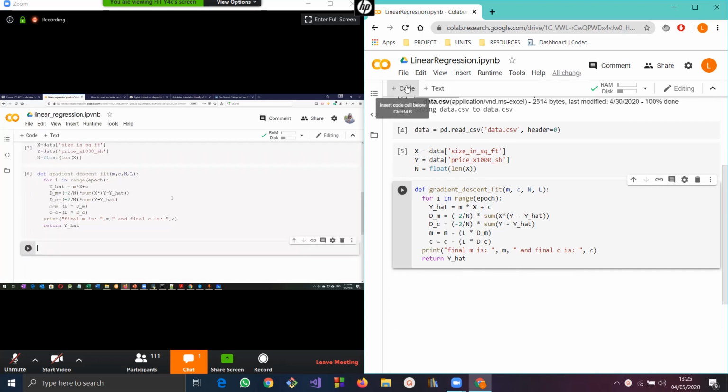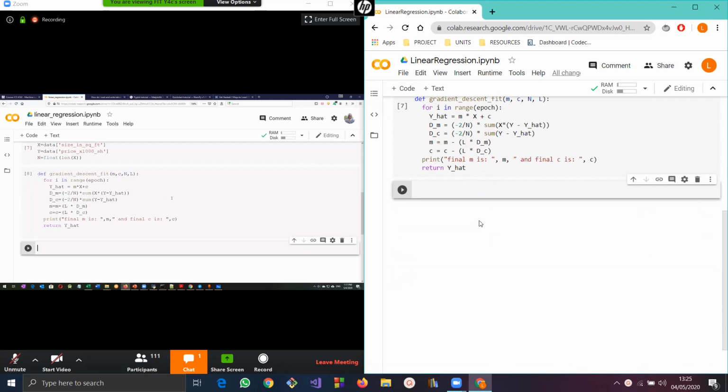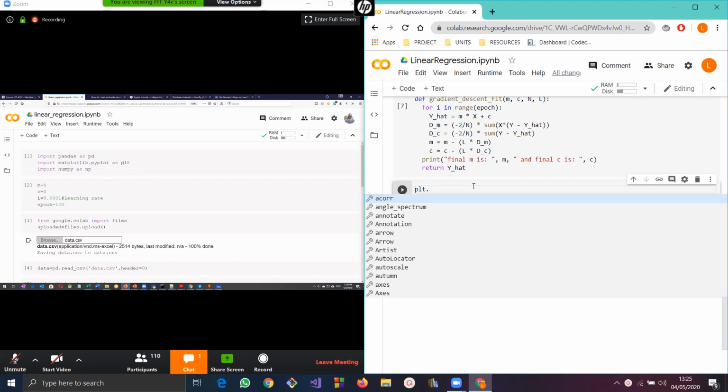Do the next cell. Now I can call this one and do the plot. So here I can just say plt. Remember what we did up here. Okay, matplotlib.pyplot as plt.